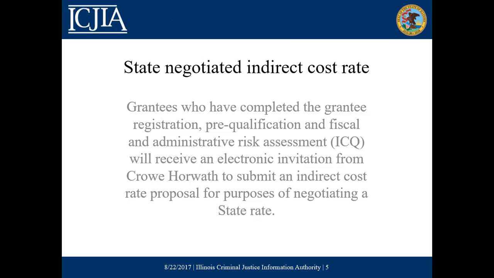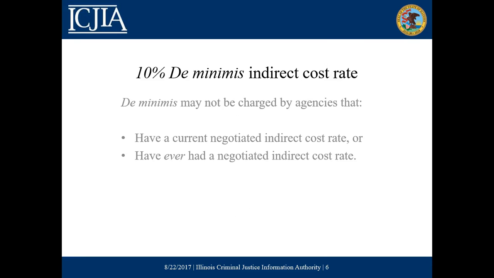Crowe-Horwath has been hired by the state to negotiate indirect costs on its behalf. You can elect to not negotiate that rate, but you're going to get that message anyway when you work in the GATA portal. You may also elect to use the 10% de minimis indirect cost rate, so it's not a negotiated rate.